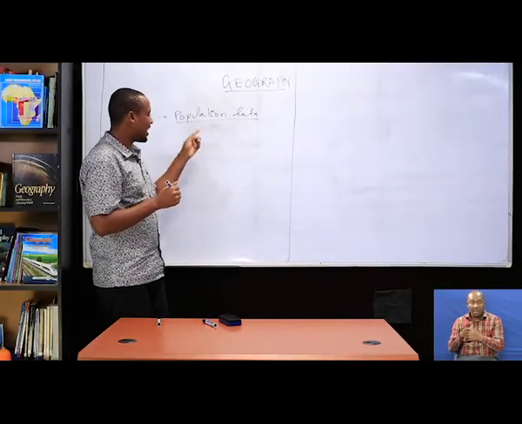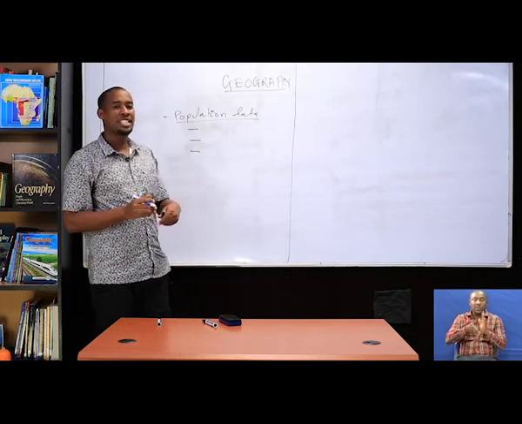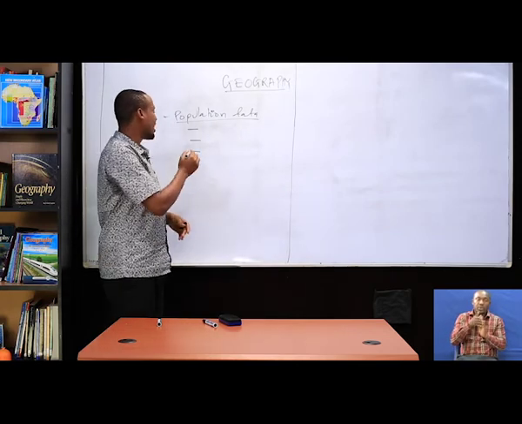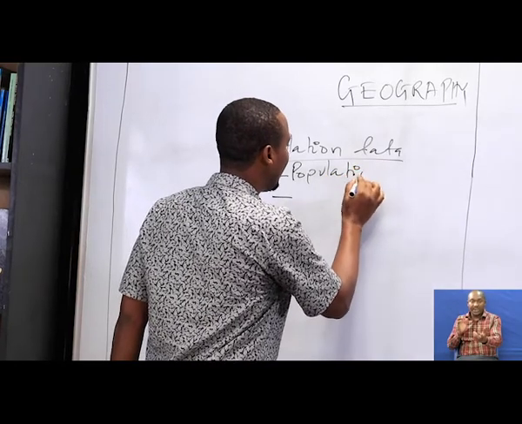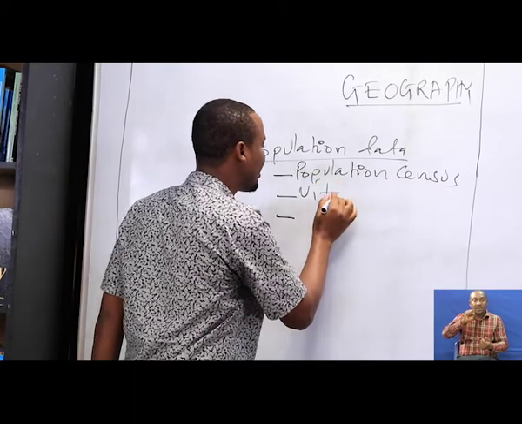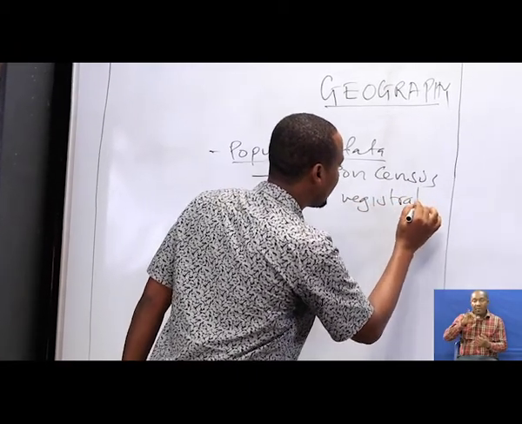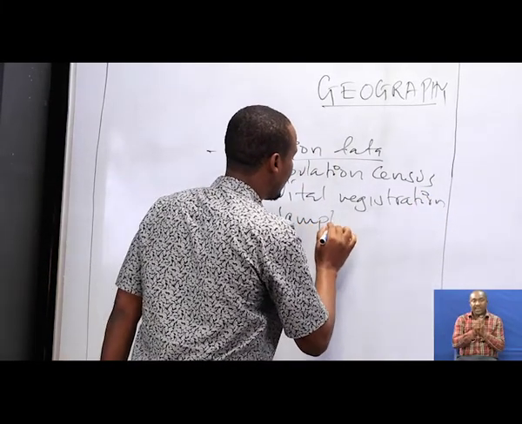These population data can be gathered through various sources, whether primary or secondary. The common ones are the population census, vital registration, and the last one is sample survey.